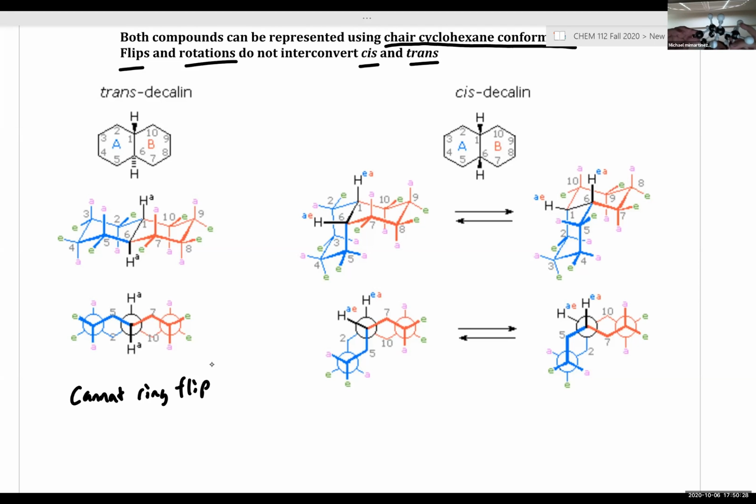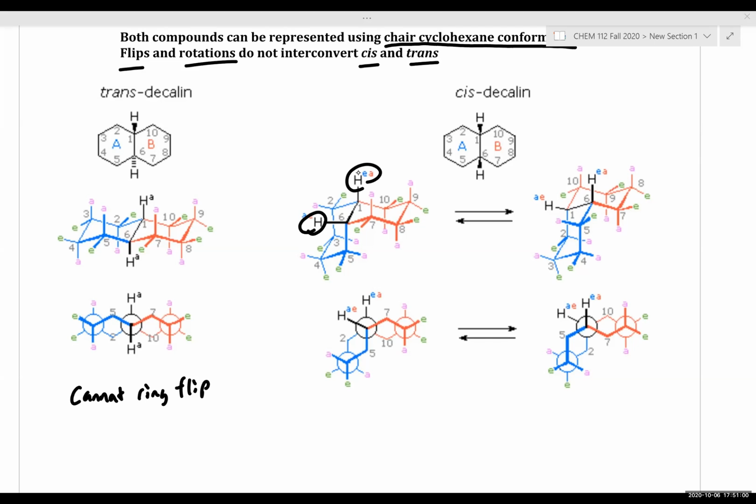So because cis-decalin has a greater amount of conformational flexibility, it can readily undergo a ring flip. And it's geometrically permitted due to the relative position of our two hydrogen substituents.